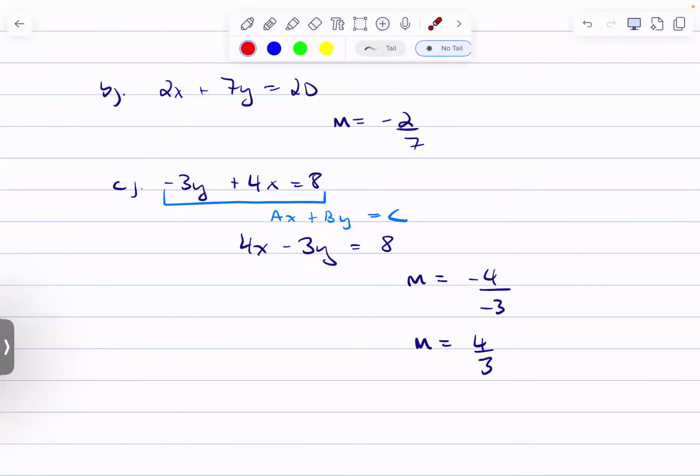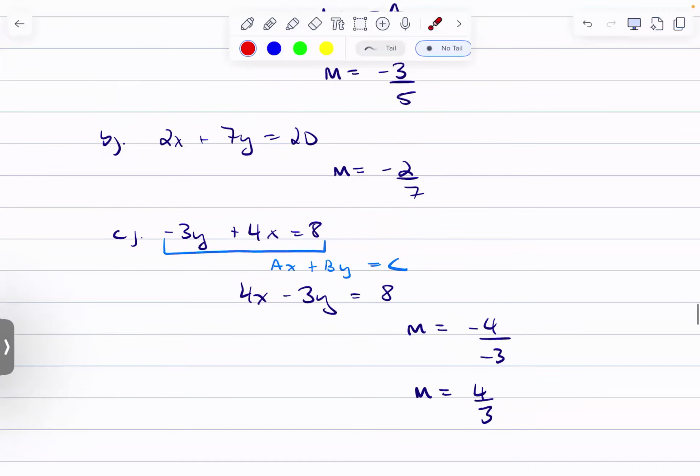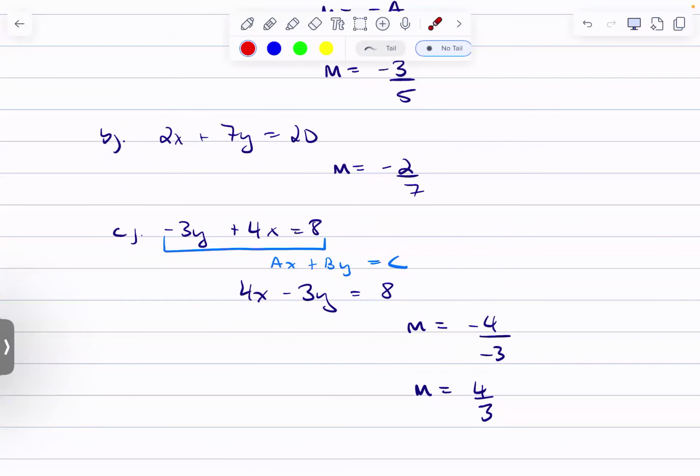Sorry, I meant part b, 2x plus 7y equals 20. Oh, so no matter what, it has to be a negative, even if it technically is a positive. Yes.